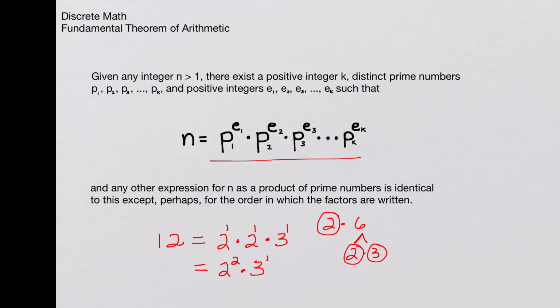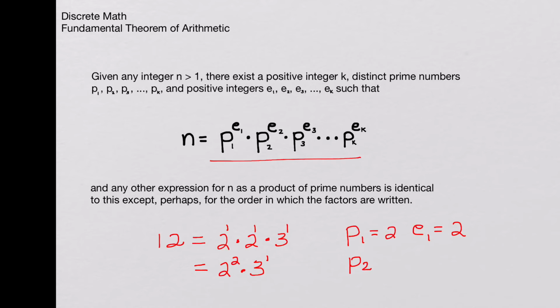Do you have to write the 1 in? No. But if you are showing what's going on here, then what you could say is, all right, P sub 1 is equal to 2, and E sub 1 is equal to 2 also because we have 2 to the second power.